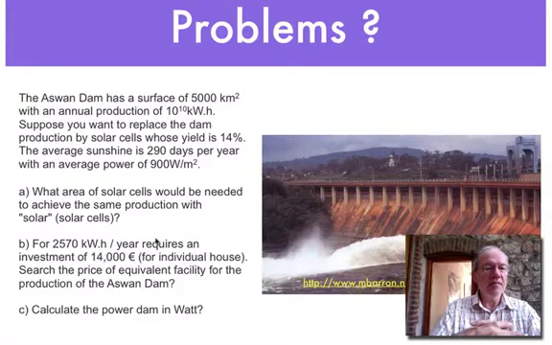In the second question, what is the price if we want to build it? And we compare with the individual house, if we need production in an individual house with solar panels, you have some indication here. And last question, which is the power of the dam in watts?